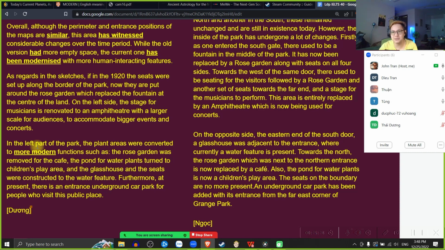Let's use a milder word like removed. But chopped down is a very hostile, strong word, you know. Remove sounds gentler, doesn't it? It fits the context better.